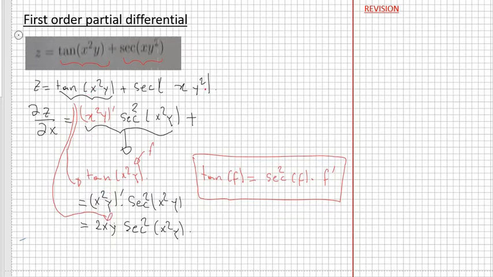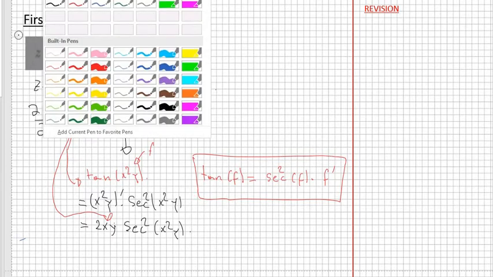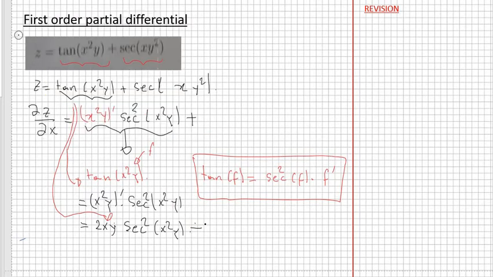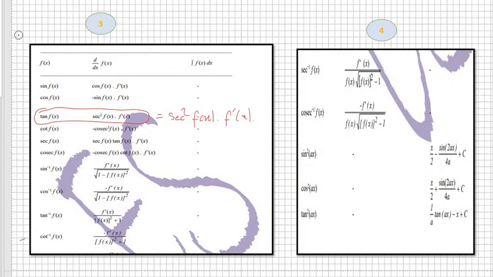So now I need to look at the formula of the derivation of sec on the formula sheet. So first include the plus sign here, and then I go again to the formula sheet.